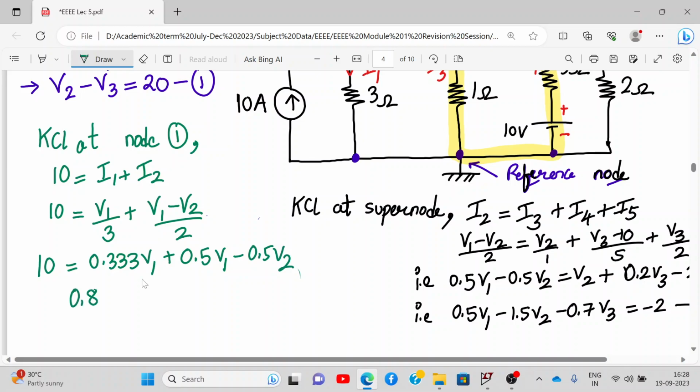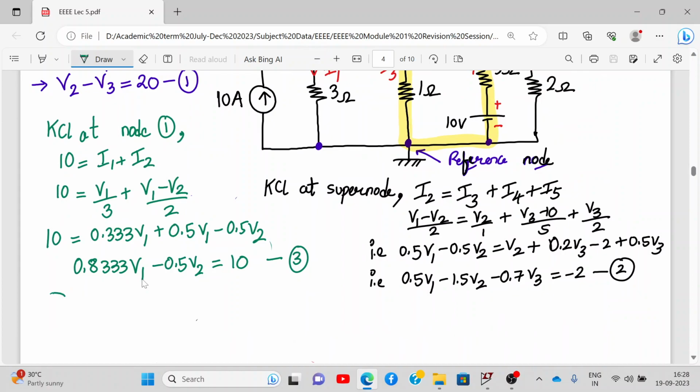So we get 0.833 V1 minus 0.5 V2 is equal to 10. So this is our equation number 3. So we got 3 equations now. So let's solve these 3 together. So we'll write, solve equations 1, 2 and 3.